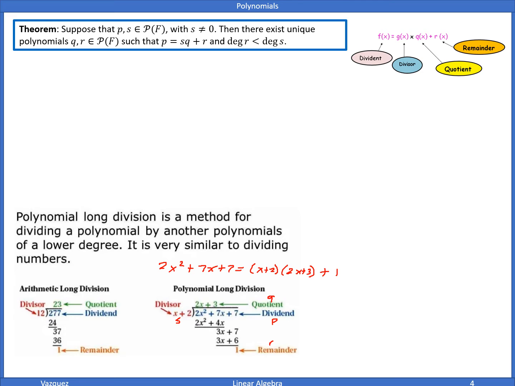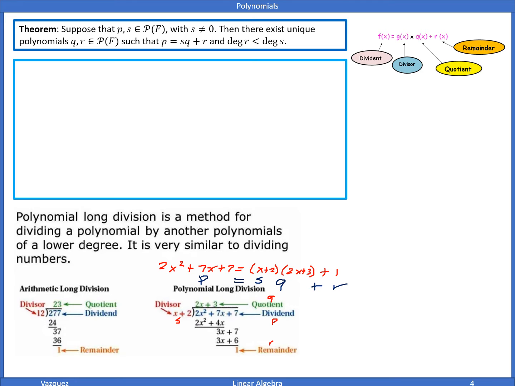And what does that show us? Just as we see above, P is equal to SQ plus R. That's what the theorem is saying: that those polynomials Q and R always exist, and in fact, they are unique.